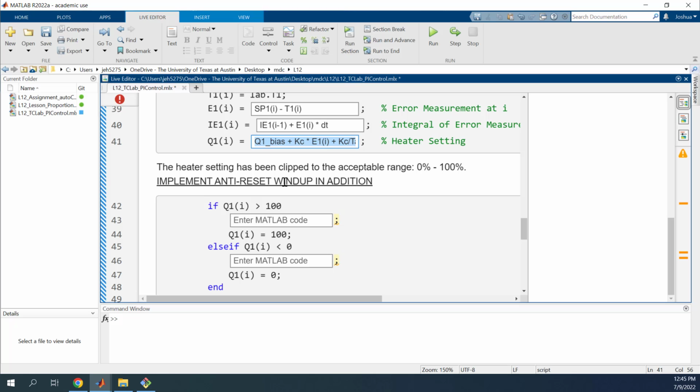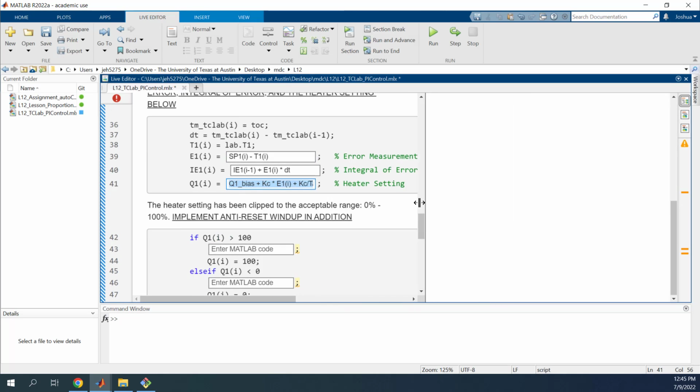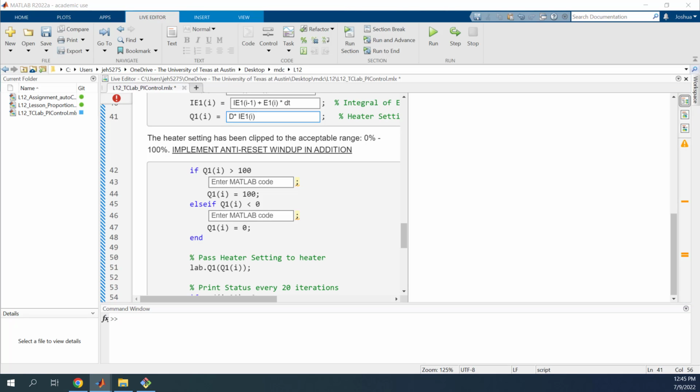Then we need to implement anti-reset wind up. The whole concept here, and let me go like this real quick. We'll do a little quick drawing. The concept with anti-reset wind up is if we have a graph of measuring temperature, and here's time.